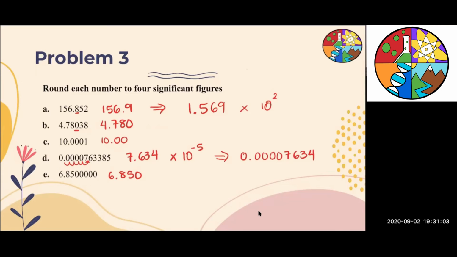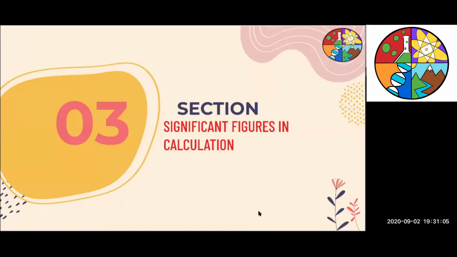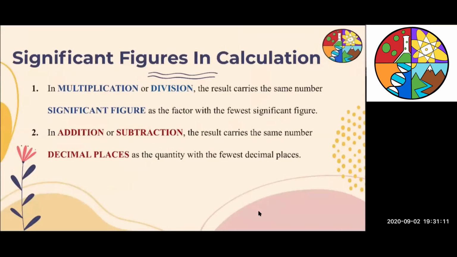Okay, so we're going to the next section. The next section is significant figures with calculation. So we're going to go over adding, subtracting, multiplying, dividing. So rules to remember. The first one is, in multiplication or division, they're the inverses of each other. What that means is that your significant figures go with the number with the fewest.